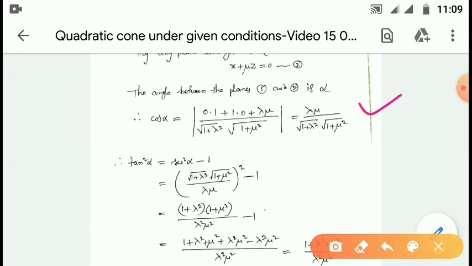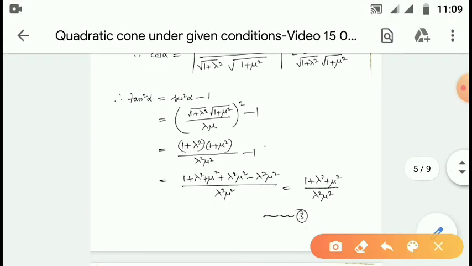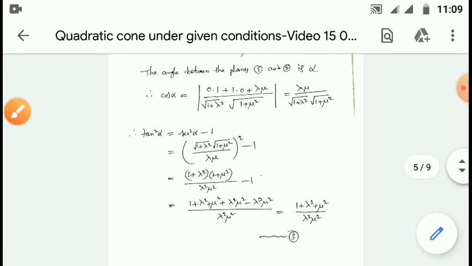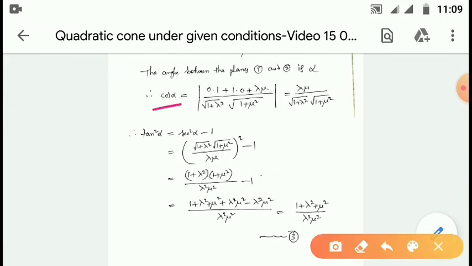This is cos alpha. From this, tan square alpha is equal to secant square alpha minus 1. From this we can see cos alpha is equal to lambda mu by root 1 plus lambda square root 1 plus mu square. Therefore secant alpha is equal to the reciprocal of this.